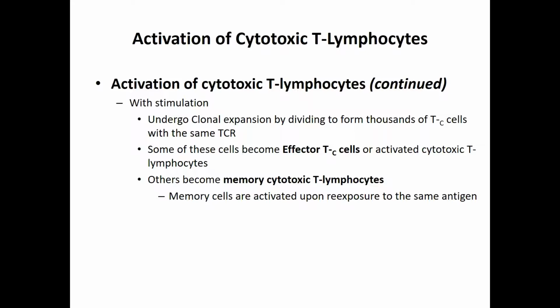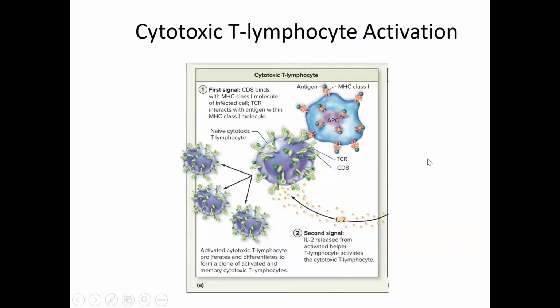Others will not become effectors, but they'll be stored away as memory T cells for maybe a subsequent exposure to this same foreign antigen. All right, so this slide is summarizing what happens in cytotoxic T-cell activation. And here is the cytotoxic T-cell carrying an antigen receptor and CD8.